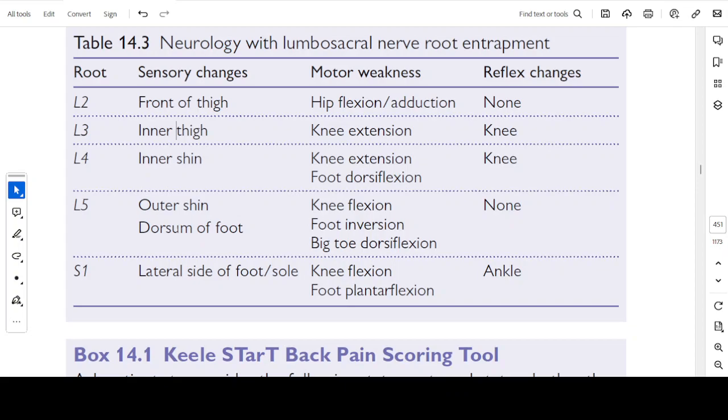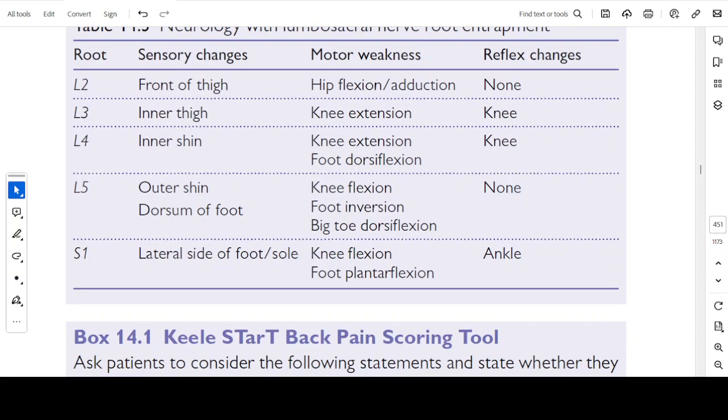the knee jerk reflex. L4: the inner shin, knee extension, foot dorsiflexion. Again, reflex changes with the knee jerk reflex.